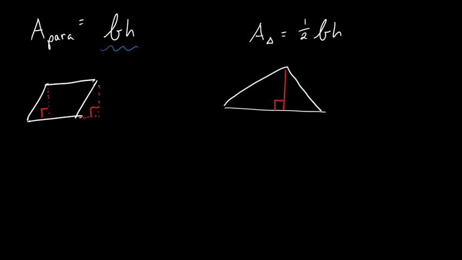The one thing that might be different about these pictures is the heights, maybe on the outside or the inside. It just depends. So here's an example. The height is 17 and the base is 30. So A equals 17 times 30, and the area will end up being 510 units squared.